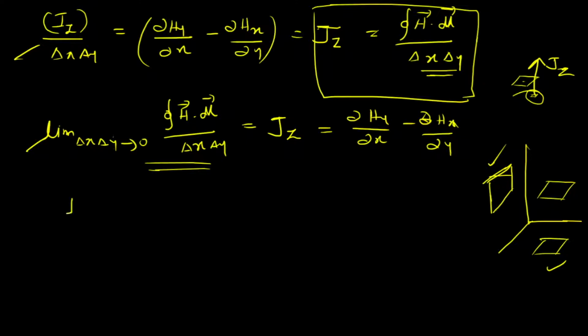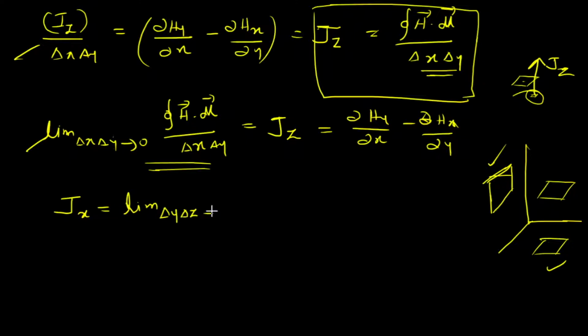So Jx can be represented as limit, when I consider Jx, it is in this direction, correct. Now when it is in that direction, my area will be given by delta y delta z.